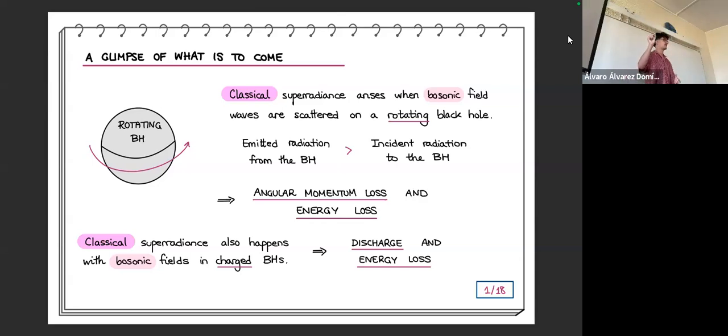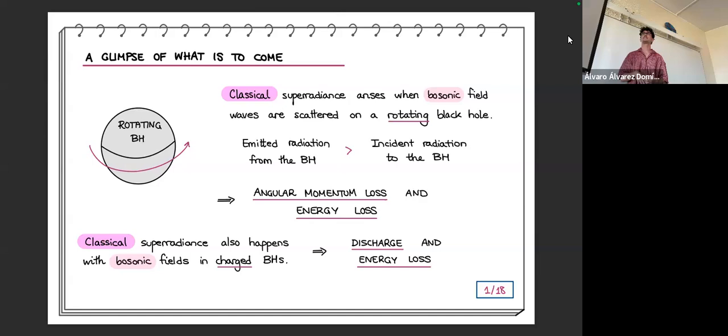The point is where the energy comes from, because obviously we cannot create energy from nowhere. What happens is that the black hole loses energy and momentum, so that it provides energy to the emitted radiation in the scattering process. Now, if we study another setting, not rotating black holes but charged black holes, we can also have classical superradiance with bosonic radiation.